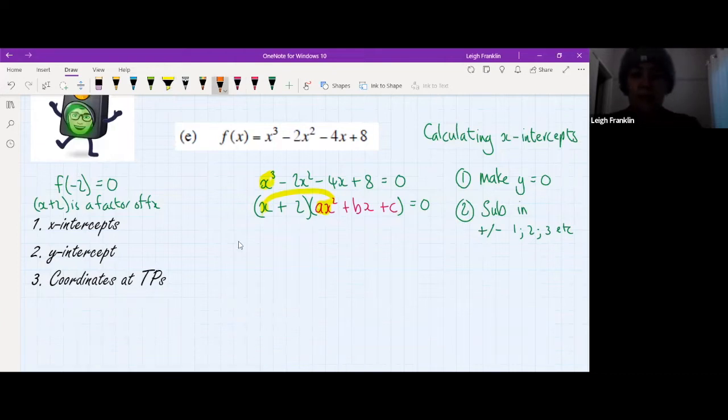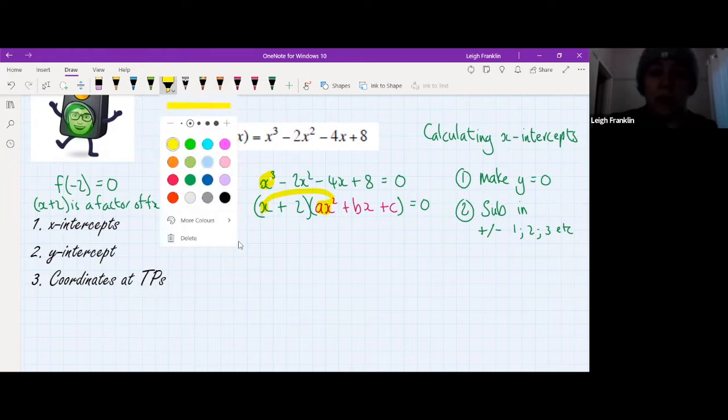So when we multiply x with ax squared, we get ax cubed, and it is equal to 1x cubed. This is what's been given to us. So dropping our variables, the x squared, we can then match our coefficients and say, well, in this case, a has to be equal to 1.